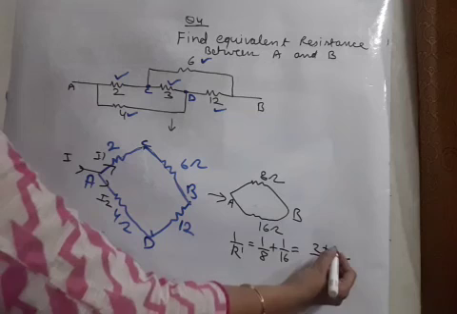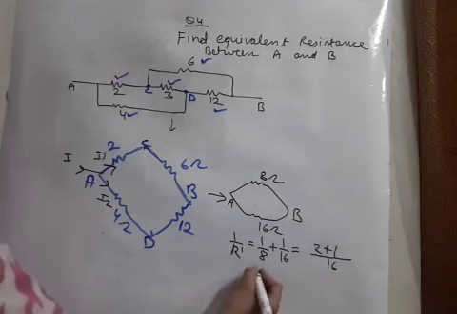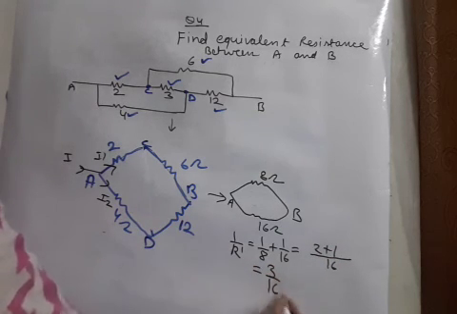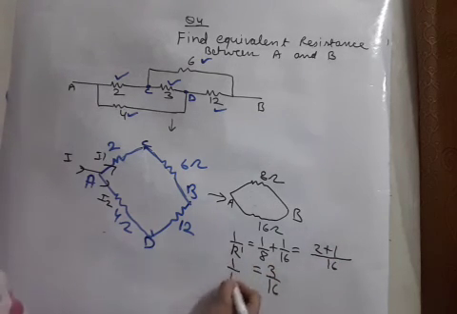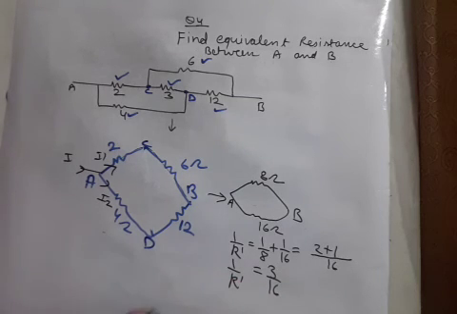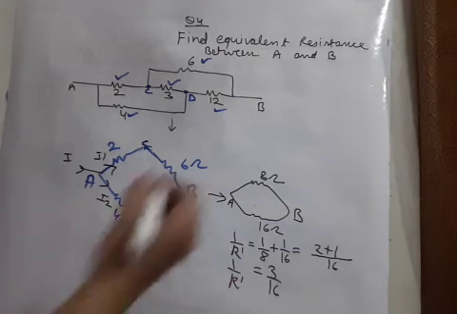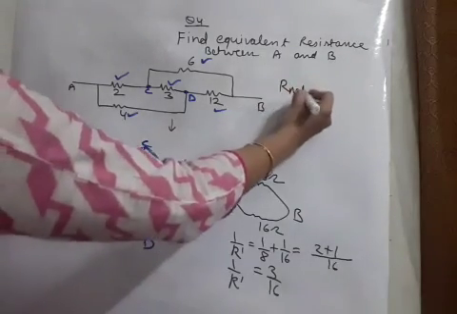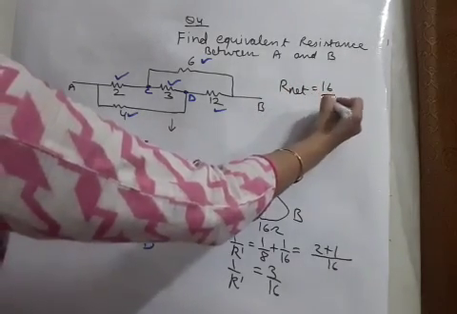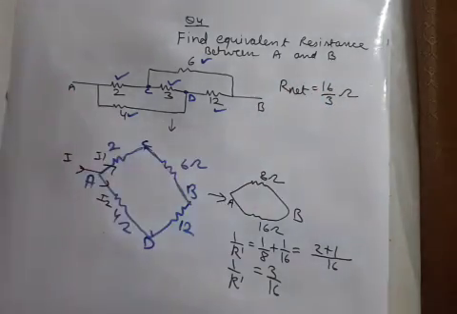So 2 plus 1 in the numerator, 3/16 is the answer of 1/R dash. So the net answer is 16/3. That means R net of this circuit is 16/3 ohm.